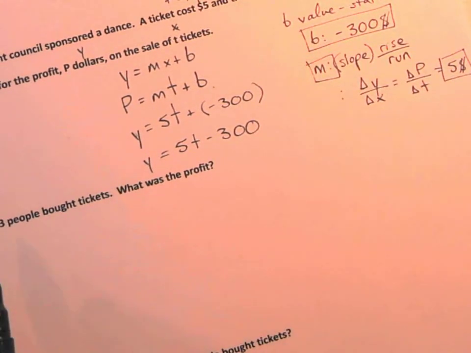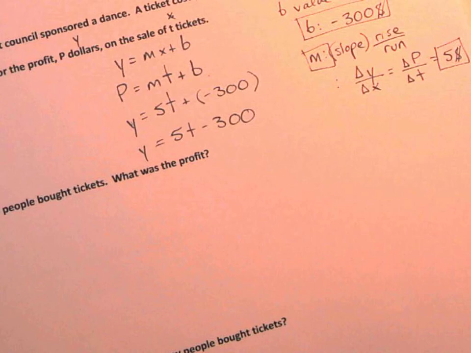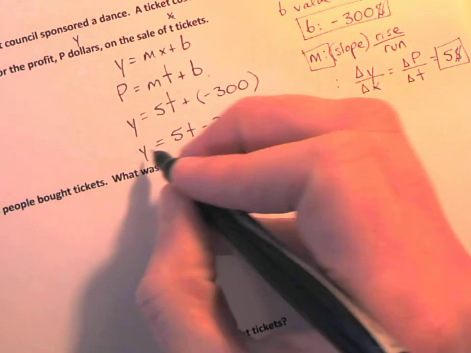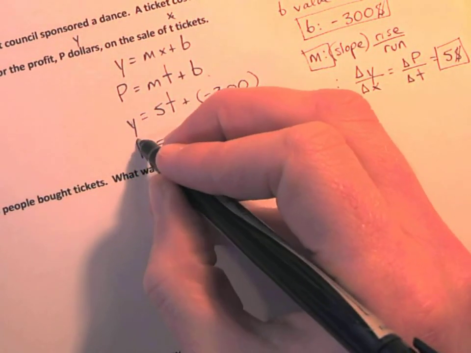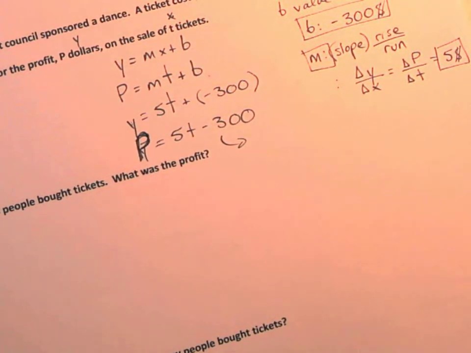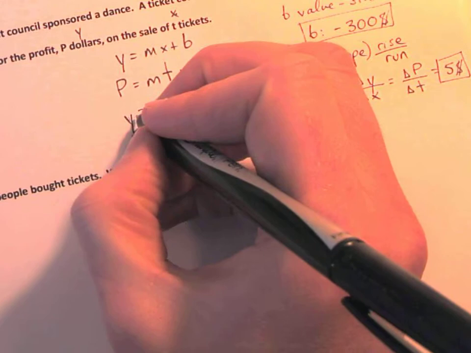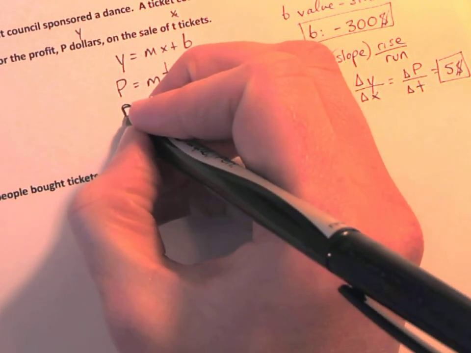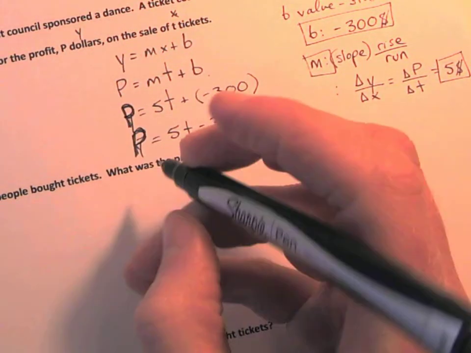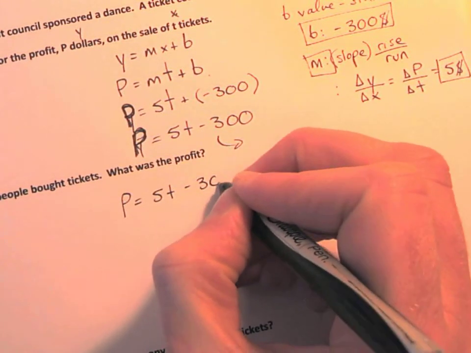Okay, so suppose 123 people bought tickets. What was the profit? So I wrote this in y and t. This should really be a p. So p equals 5t minus 300. All right, and that should be a p as well. So you always just start out with your equation once you found it.